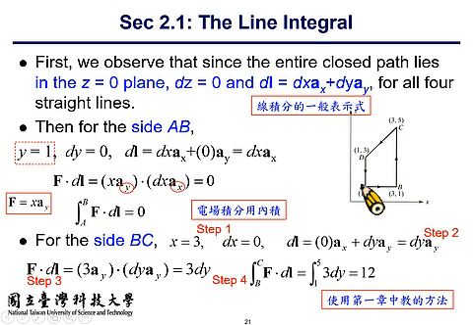The A to B vector is parallel with the x-axis, so the differential line can be simplified as just dx ax, which means dl is in the x direction.